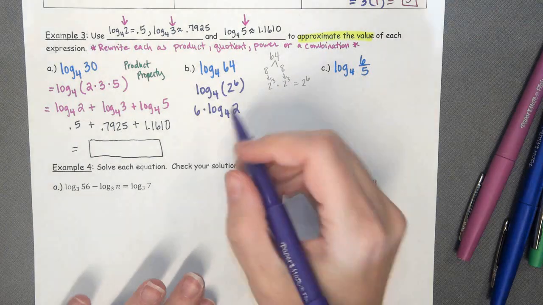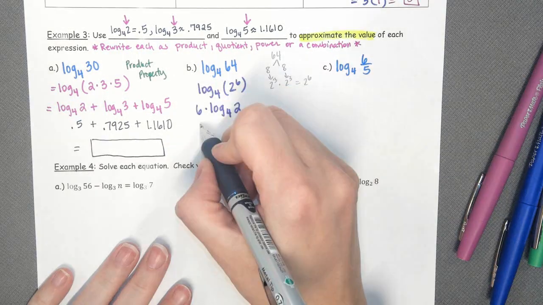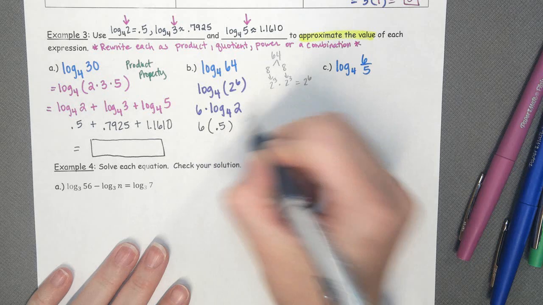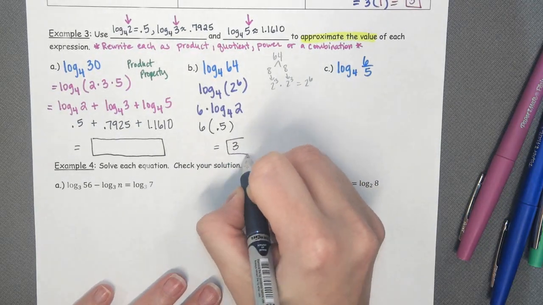Okay, so now I know what log base 4 of 2 is. I'm just going to plug it in, and this you can do without your calculator. What's 6 times a half? Yep.